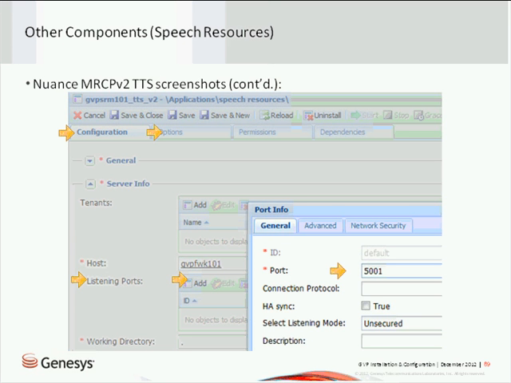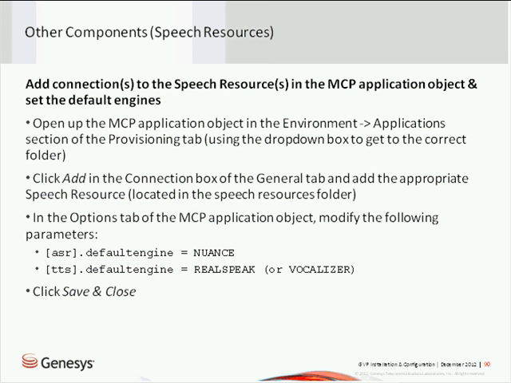Now that we've set this up, you also have to provision your MCP to actually use these feature resources. So you basically, as we've seen before for adding connections to the reporting server, will add connections to whatever speech resources you created.